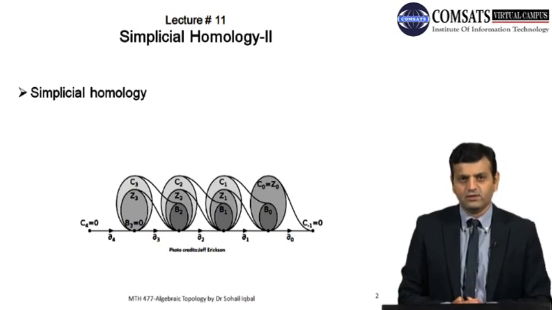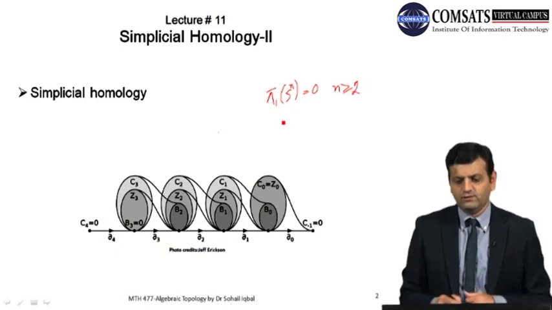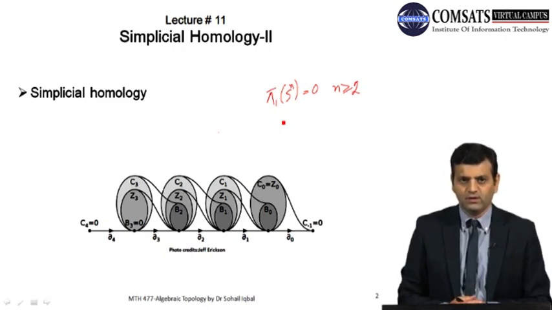When n is greater than or equal to 2, the fundamental group pi 1 of Sn is 0 for all these values. In other words, if I take S2 and S10, then the fundamental group can't differentiate between these two topological spaces. So we need another tool.